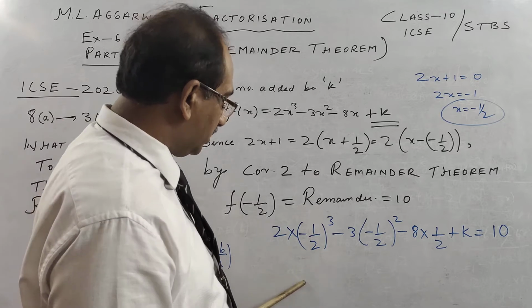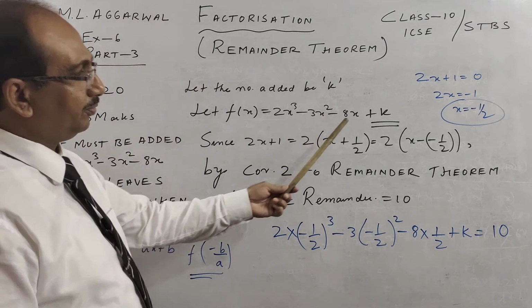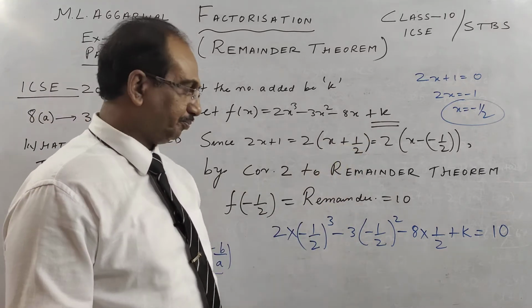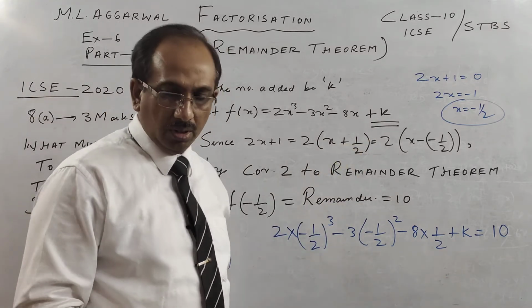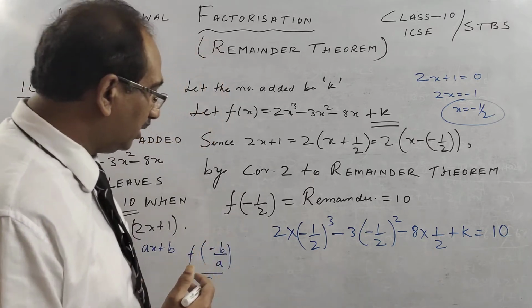But in other questions you will see what is the remainder. Okay, so if this value is given, we get the remainder. You don't have to put equal to 10 in this situation. So kindly see the solved example, then you will understand.